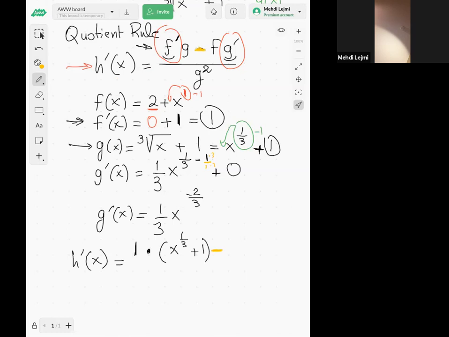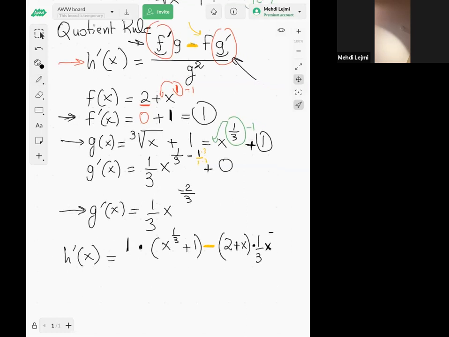And then f. My f is 2 plus x. Don't forget to use the parentheses. So we have parentheses, my f, that's 2 plus x, times the g prime. Here's our g prime, is the 1/3, so here it's multiplication, times the 1/3 x to the power negative 2/3, right?